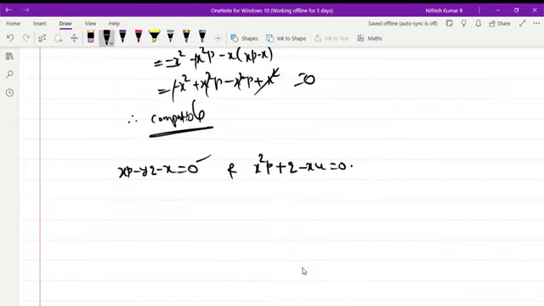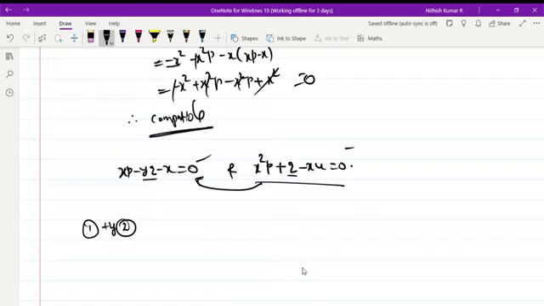Hence my given two PDEs are compatible. Therefore 1 and 2 are compatible. So now we shall find their solution. To find it, we shall solve 1 and 2, these two given partial differential equations for p and q.